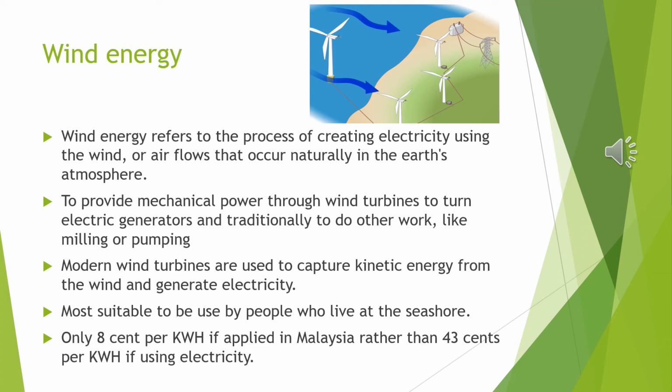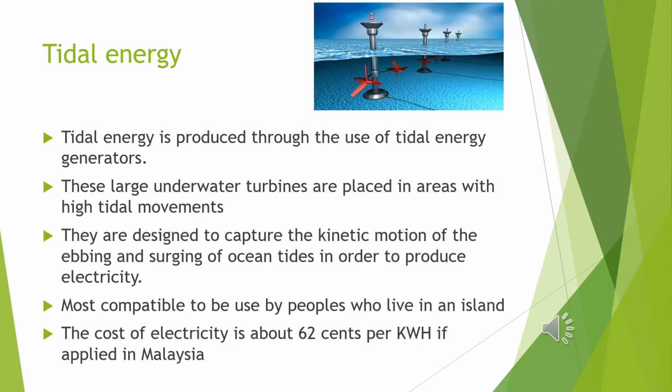Modern wind turbines are used to capture kinetic energy from the wind and generate electricity, most suitable to be used by people who live at the seashore. Only 8% per kilowatt if it is applied in Malaysia rather than 43% per kilowatt if using electricity from fossil fuel. The next energy is tidal energy.